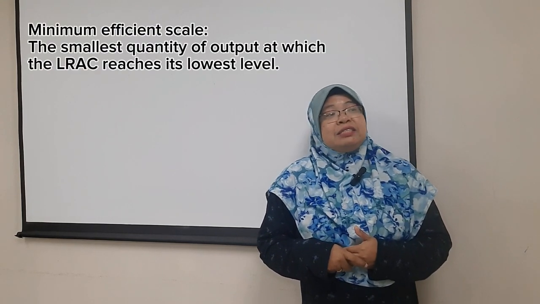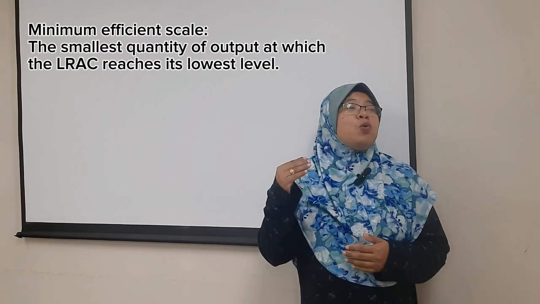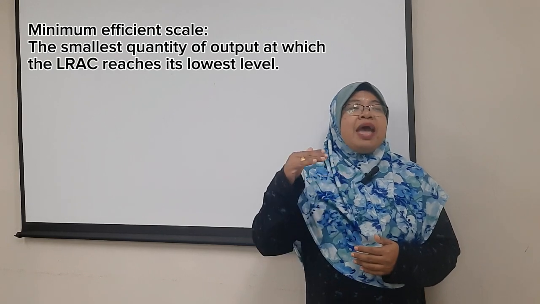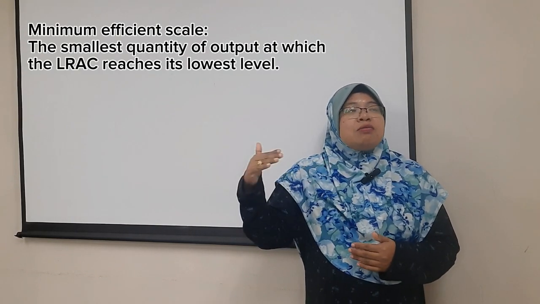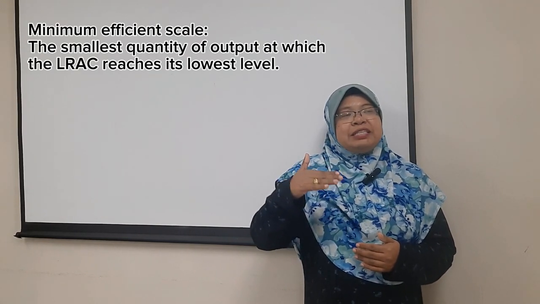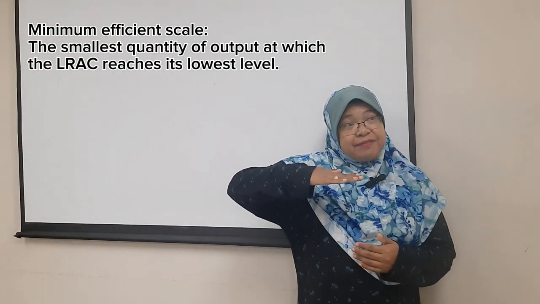Minimum efficient scale is the smallest quantity of output at which the long-run average cost reaches its lowest level. If the LRAC curve is U-shaped, the minimum point identifies the minimum efficient scale output level.